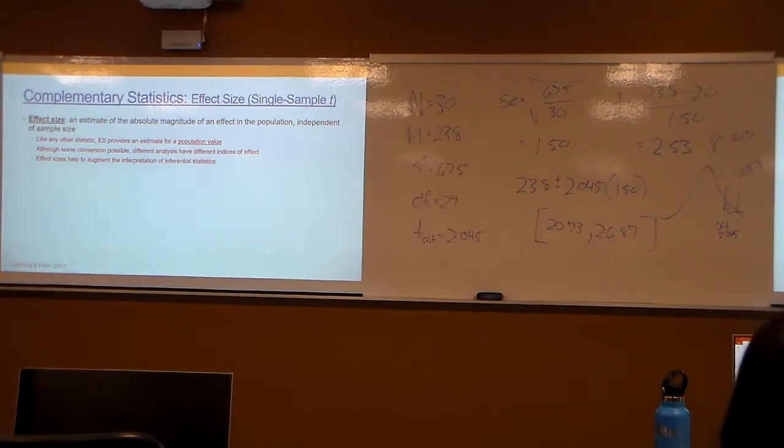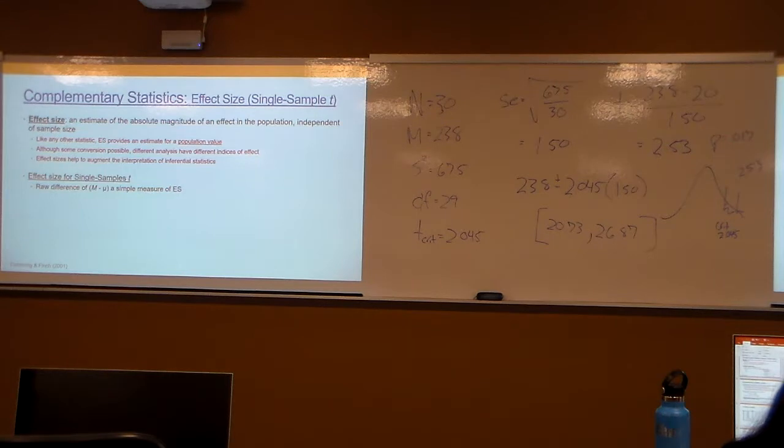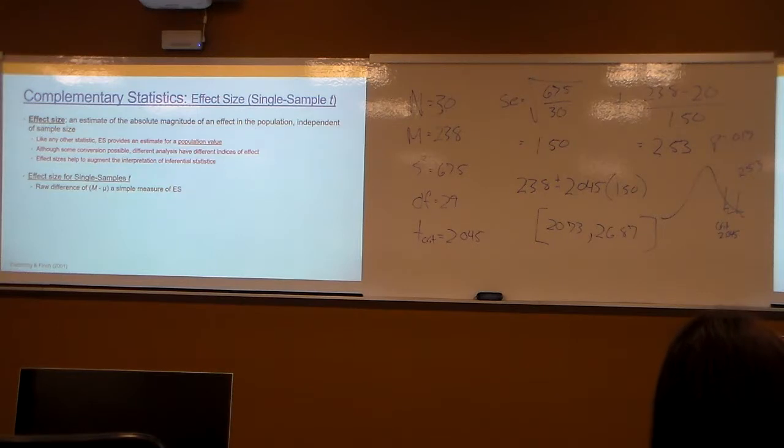But again, at the end of the day, what this does is help us augment our interpretations. We can say some value is likely not 0, but by how much? Now for our single sample t, we can calculate the raw difference as a simple measure of effect size. For this library, years mean something.